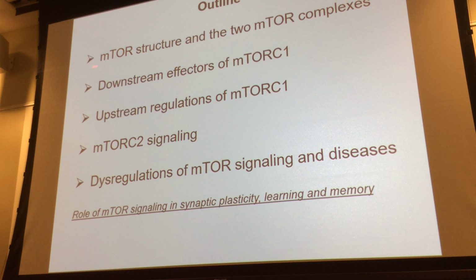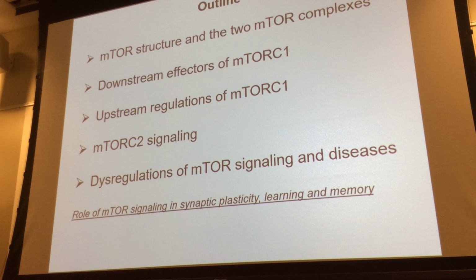We can first talk about the structure of mTOR, and that is going to introduce the idea of mTORC1 and mTORC2. Next, we can talk about the signaling. So basically, what are the downstream effectors of mTORC1 and what are the upstream regulators of mTORC1.